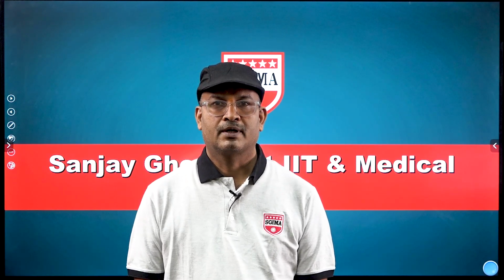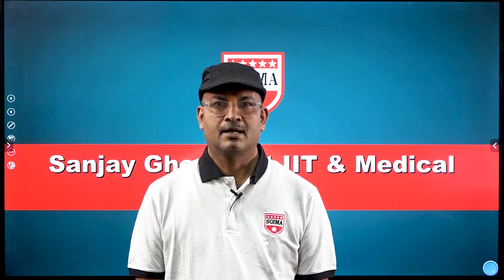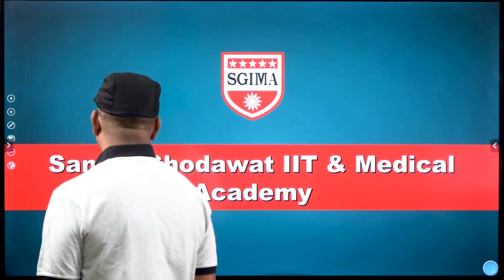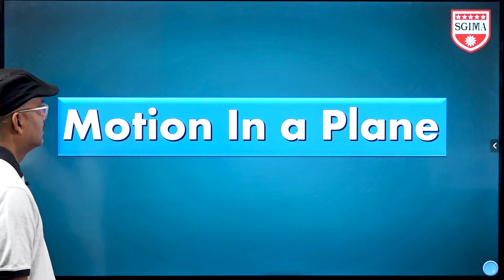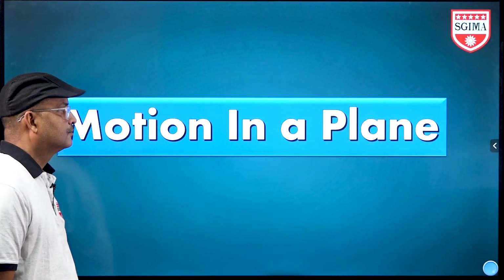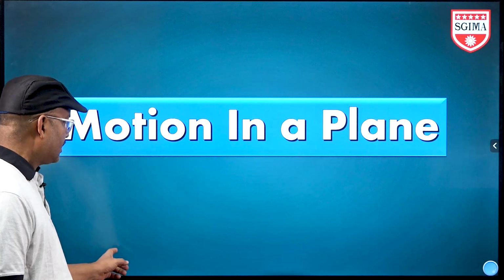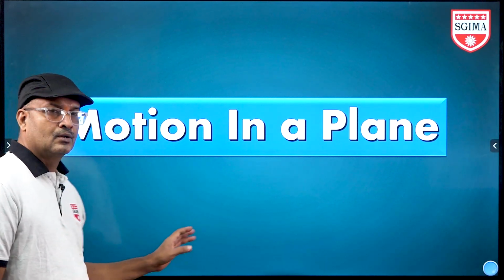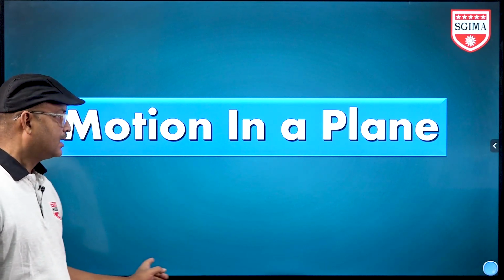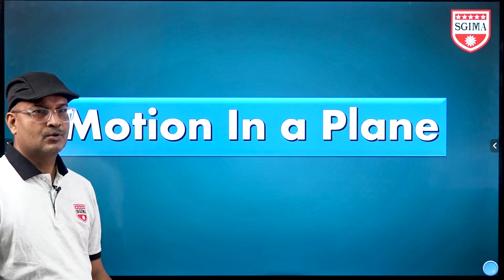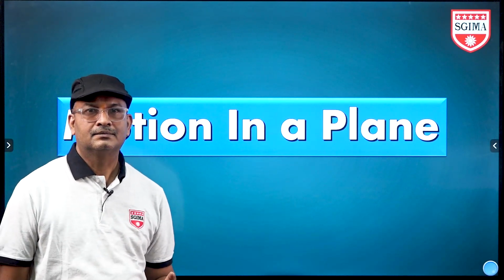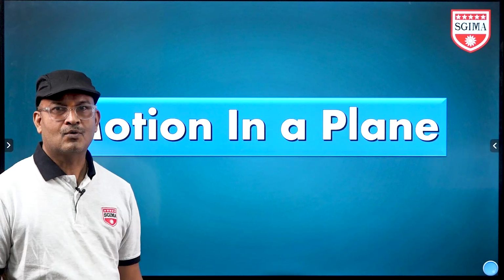I am now going to teach motion in a plane. See, motion in a plane means it has two coordinates. Its motion can be defined with the help of two coordinates.